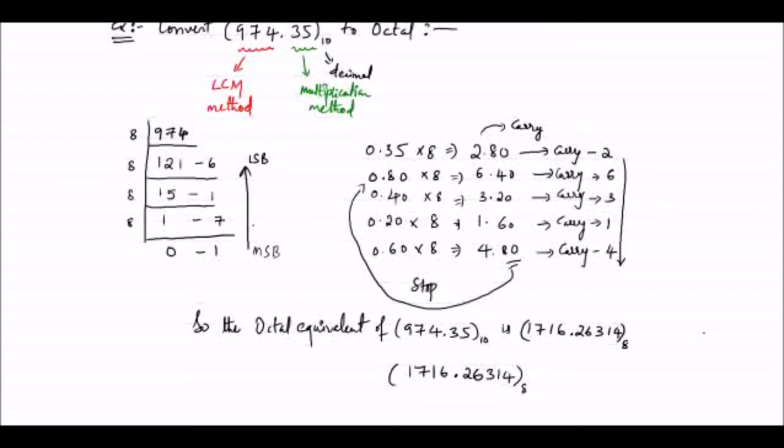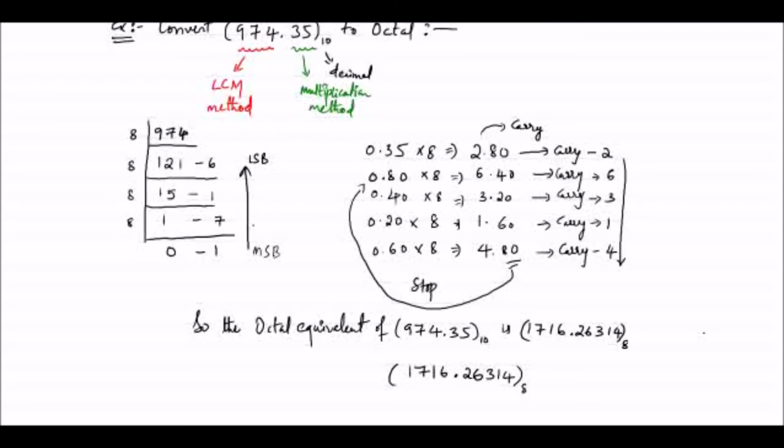So 974 will be divided by 8. Since we need to find the octal value, we need to divide it by 8, and for the value after the decimal point we need to multiply by 8. So I have written on either side, you can see.